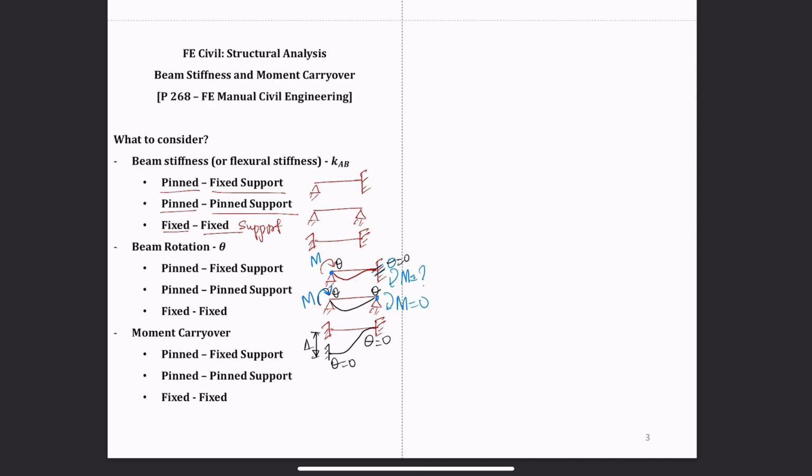But we also know that the pin support moment will be 0, so there will be no moment carryover. And in this case, if the moment at a fixed support due to the settlement is M, then what is the moment generated at the other fixed support? That's what we're going to see in this video.